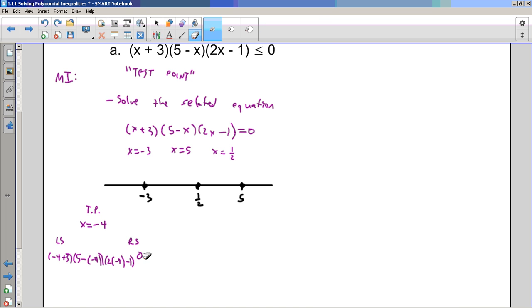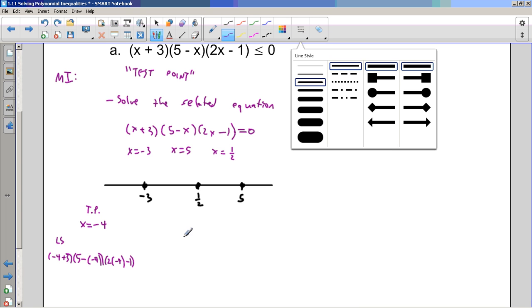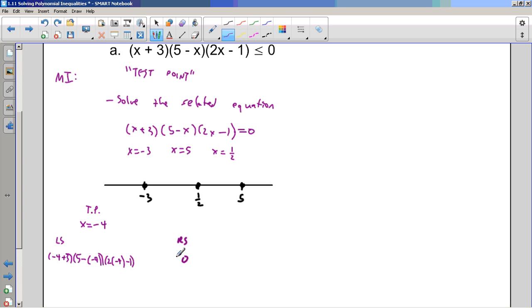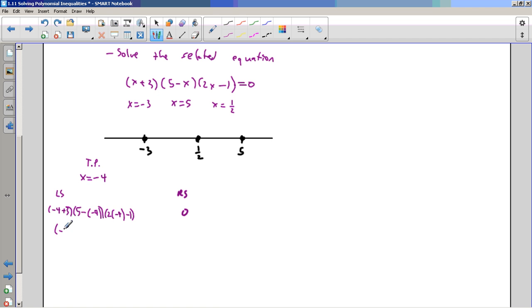I'm going to move this over here. The whole test point technique is a little bit tedious as far as all the work that you have to do, I suppose. And then what do I got? I got -1 times 9 times -9, which is 81.